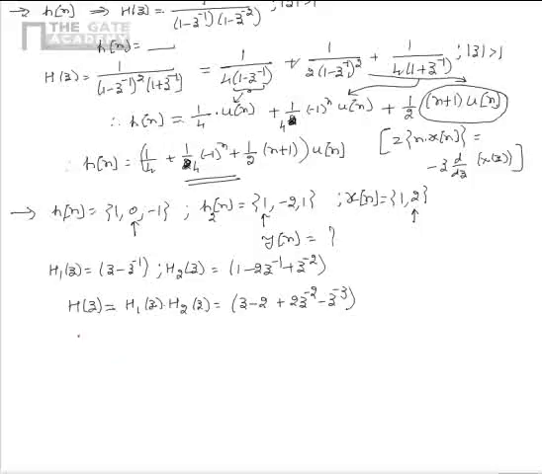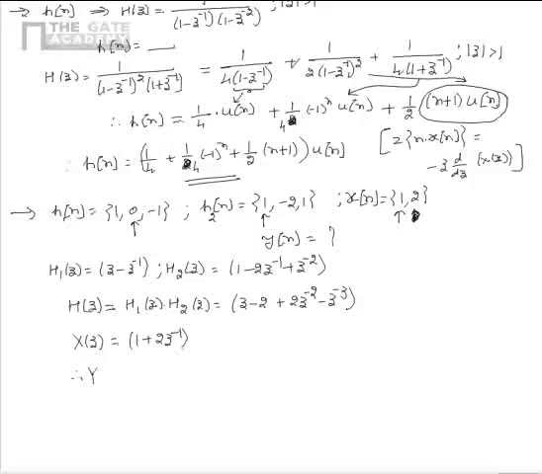But it is given that the cascaded system is given an input of x(n) equal to 1, 2. Sorry, here the value of 1 corresponds to the instant n = 0. So X(z) is equal to 1 + 2z^-1.